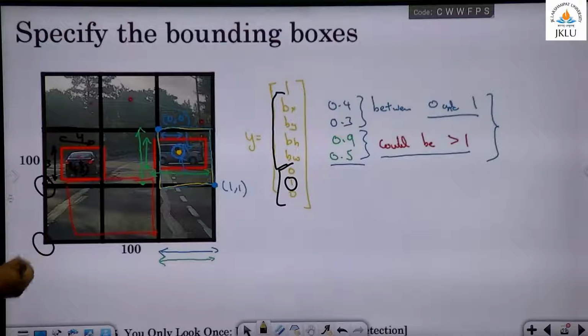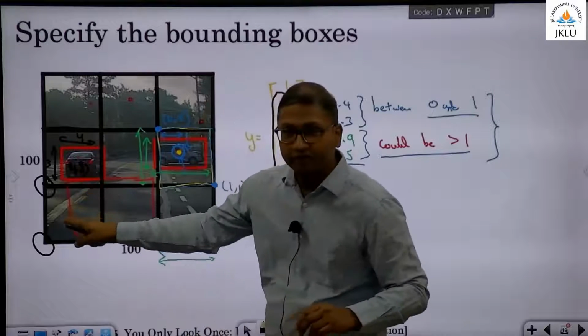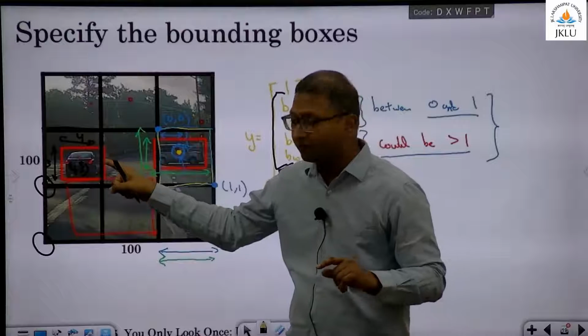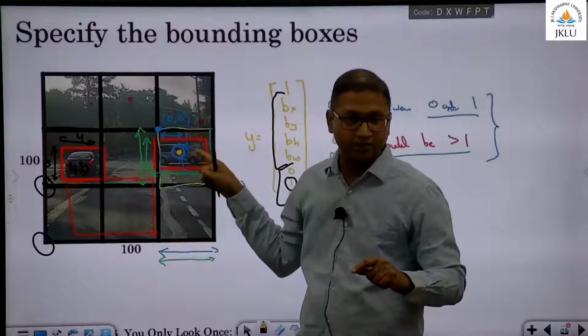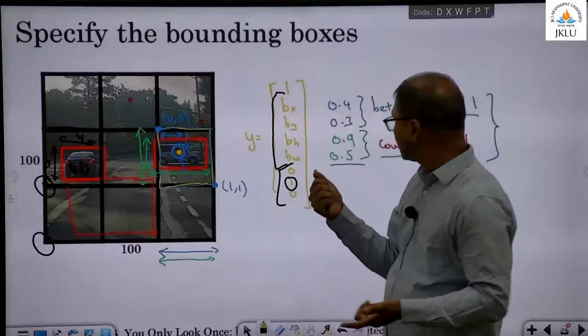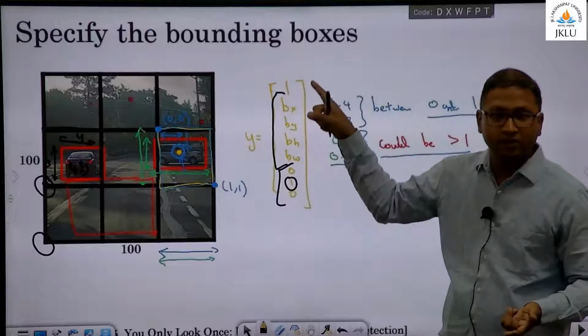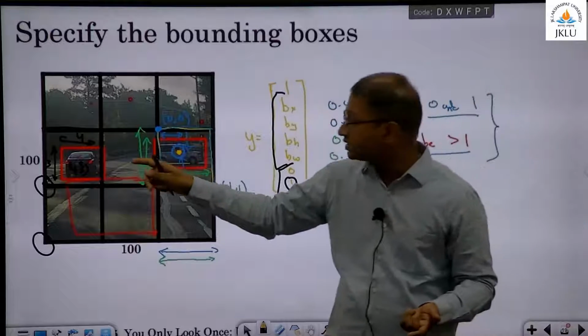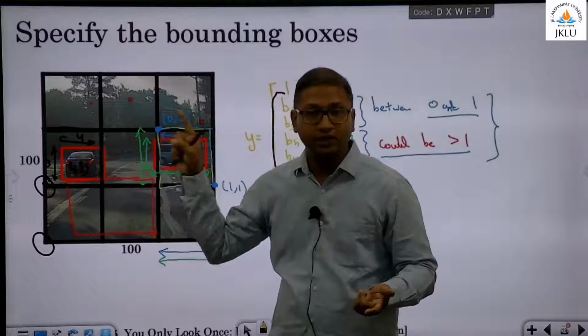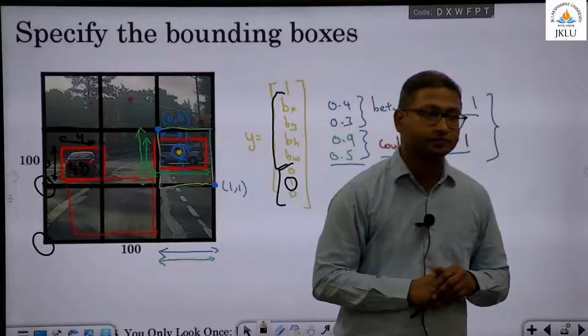You keep 0, 0 here and then specify bounding boxes. So you keep one reference for the whole image and not reference the grid wise, because that will create problems. You will have these numbers same for all these guys, their relative location in the image will not be specified.